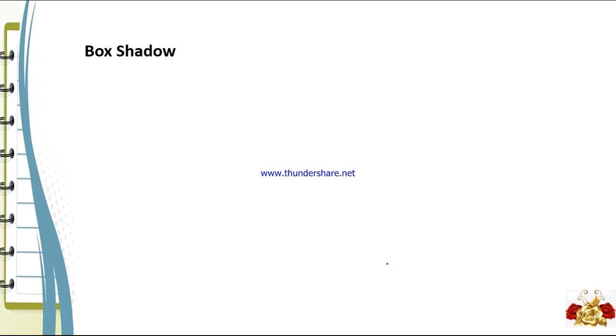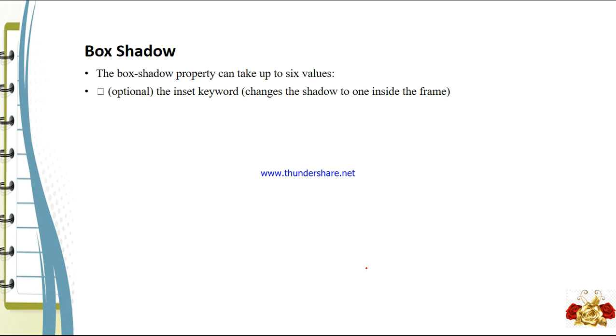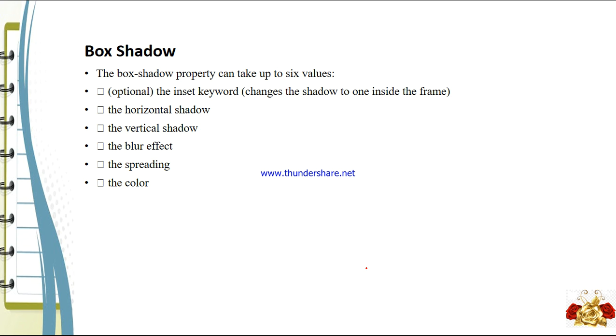Second, box shadow. Next we are going to study about box shadow. The box shadow property can take up these 6 values. What are the 6 values? That is the inset keyword, horizontal shadow, vertical shadow, blur effect, and the color. These are the values to work with the box shadow.